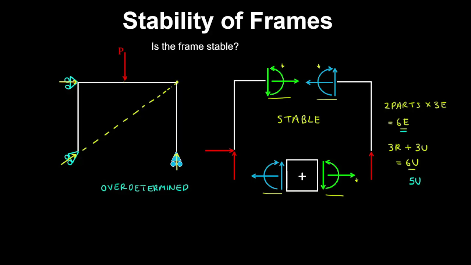So therefore, if we take a sum of moments about this point, then we can see that the externally applied load is going to cause the frame to rotate about this point. And because the reactions pass through that point, they're not going to provide any rotational resistance. And therefore this is another case where the frame is unstable, where we have the same number of unknowns as the number of equilibrium equations to solve for them.